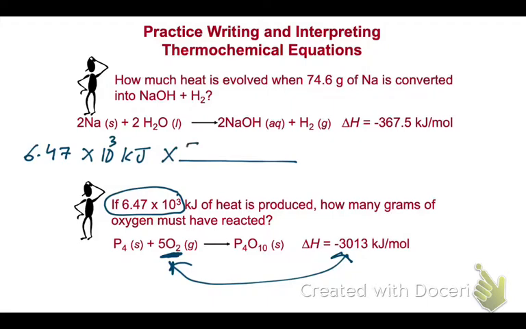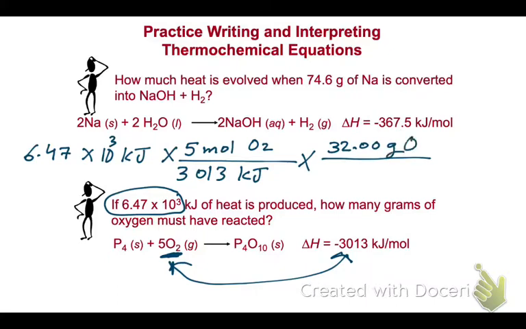I can say there are 5 moles of oxygen gas that are reacting to produce 3013 kilojoule. Now that I have that, I can take the moles of oxygen and say there are 32.00 grams of oxygen gas for every 1 mole of oxygen.